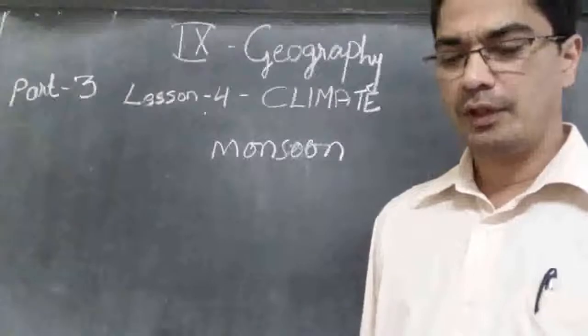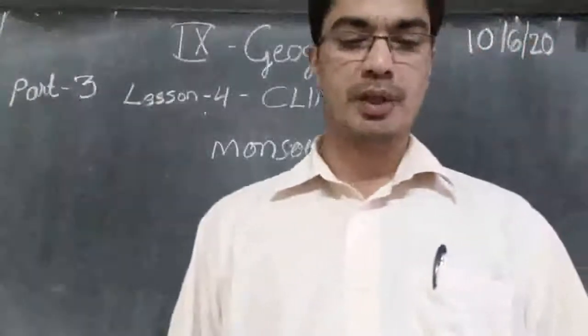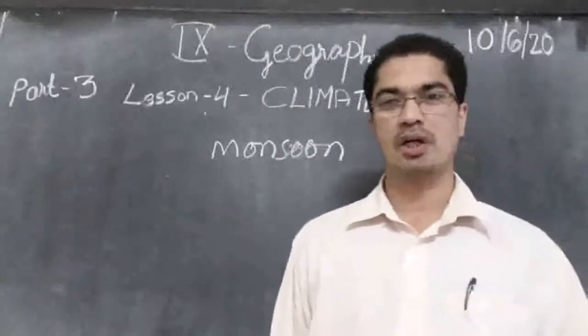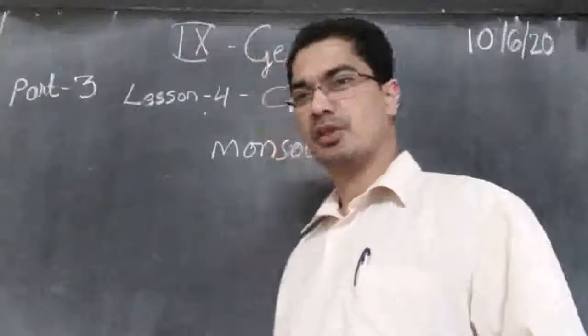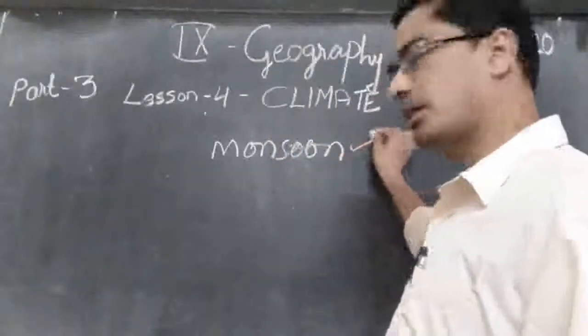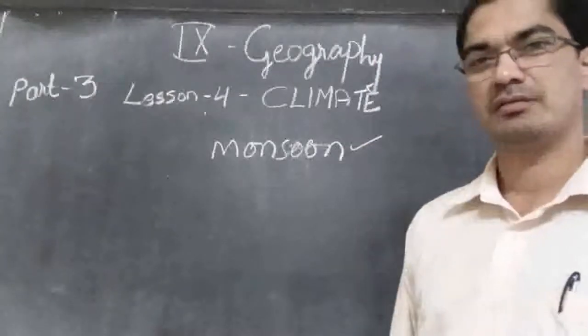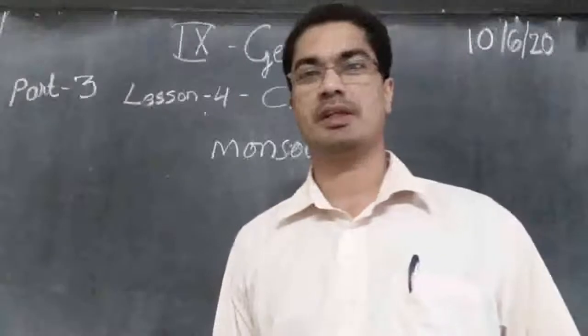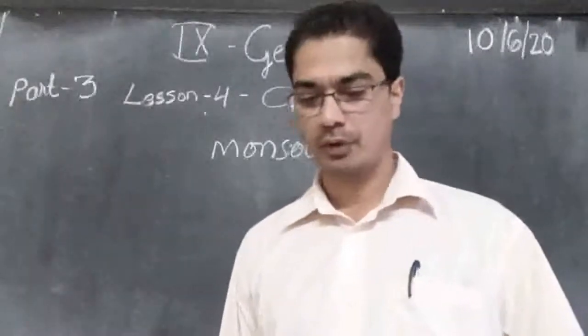The climate of India is strongly influenced by monsoon winds. So this is one of the things that is influencing the climate of India. Let's see how it is influencing the climate of India.